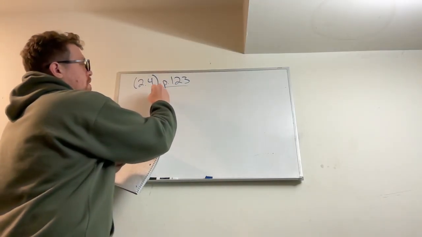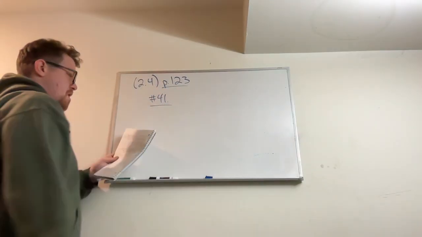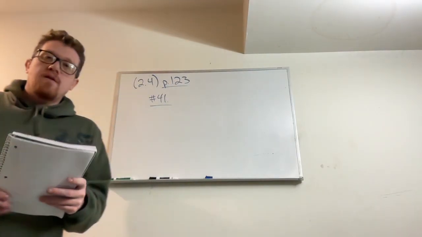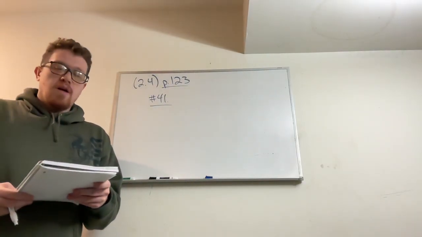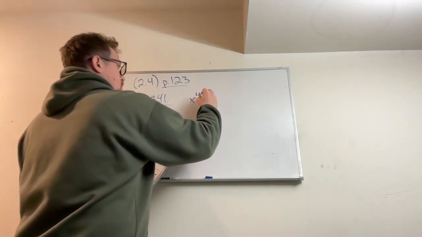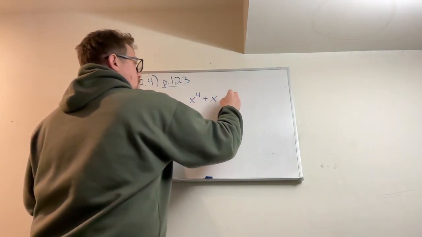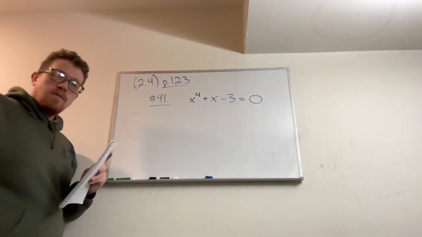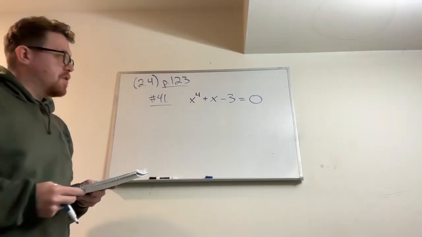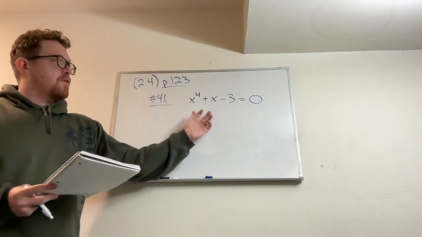This is number 41, and it's exactly what I was just talking about. It gives us a polynomial right here, and it wants us to show that there's some root of the polynomial in the interval from 1 to 2.